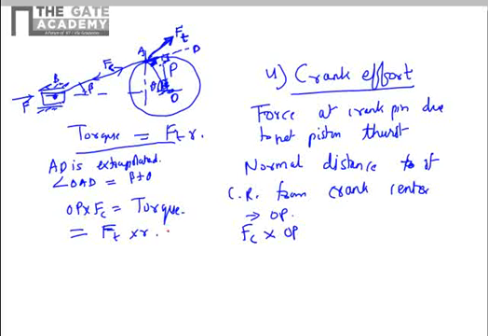So that's how we can equate these quantities. OP multiplied by Fc is equal to Ft into R. Ft is the quantity we are interested in.